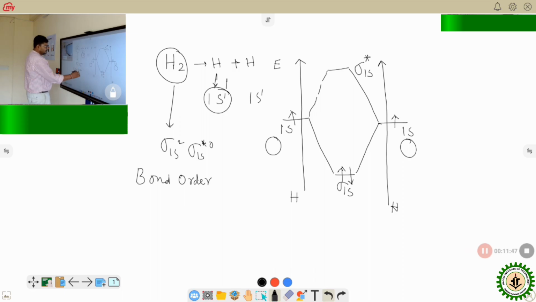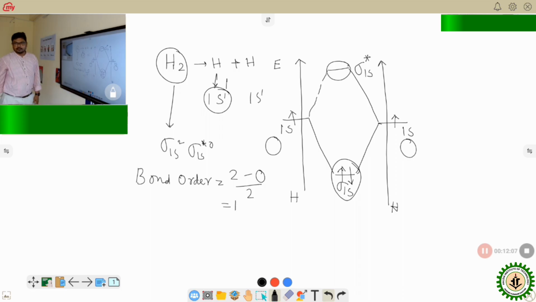Bond order is equal to the number of bonding electrons minus the number of antibonding electrons, divided by 2. Here the number of bonding electrons is 2 and the number of antibonding electrons is 0, divided by 2, so it is 1. So these two hydrogen atoms are connected through a single bond to form the hydrogen molecule. Another parameter we can also know is the magnetic behavior.